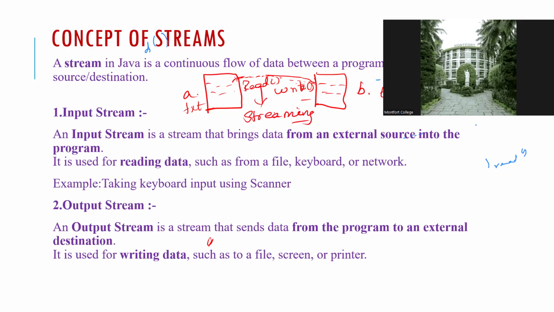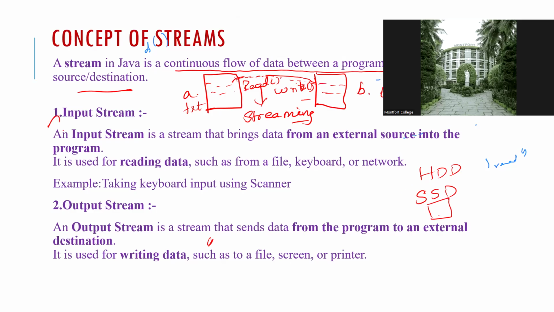A stream in Java is a continuous flow of data between the program and an external source or destination. Here, external source means it may be an HDD hard disk, an SSD, or any file. Next, input stream.